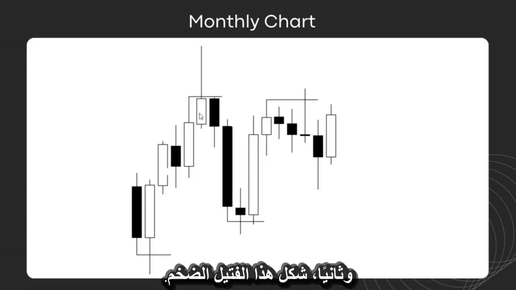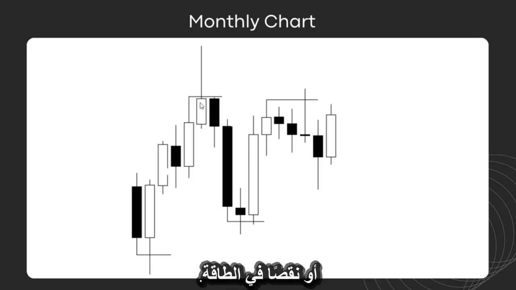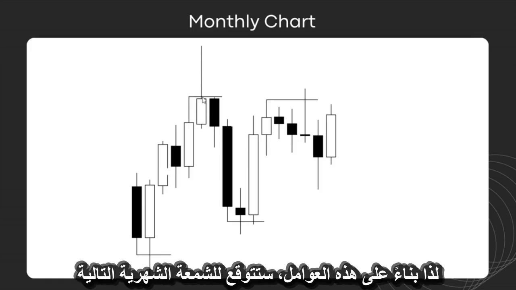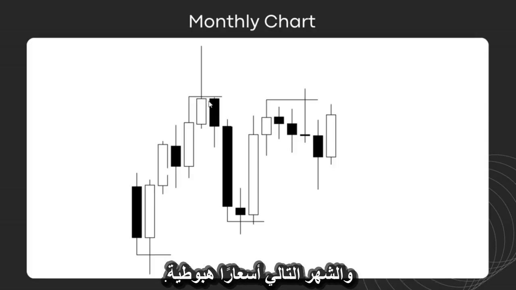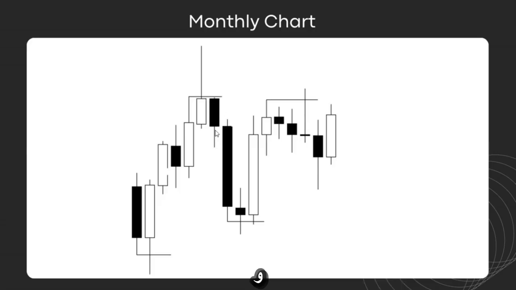And second of all, it formed this huge wick, which is a bearish sign because wicks represent bearish signs, or lack of energy or momentum. So based on these factors, for the next monthly candle you would expect bearish prices, and your directional bias would be bearish and lower.